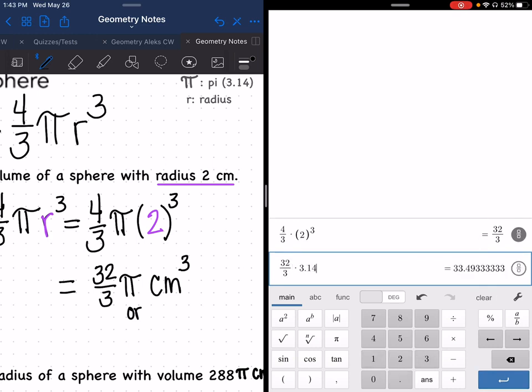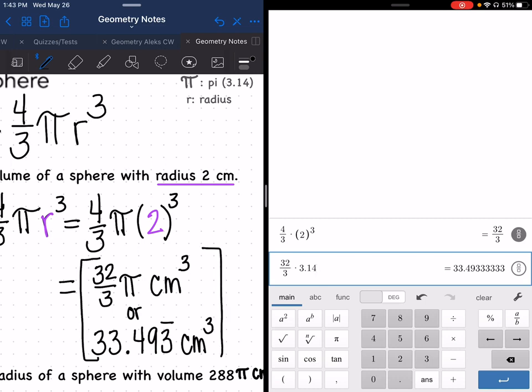Now in this case, you would probably leave it as a decimal. So 4/9, and then it looks like it's 3 repeating centimeters cubed. In that case, Alex is probably going to ask you to round to a certain place, maybe 33.5 or 33.49.